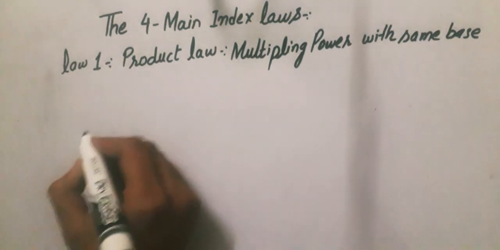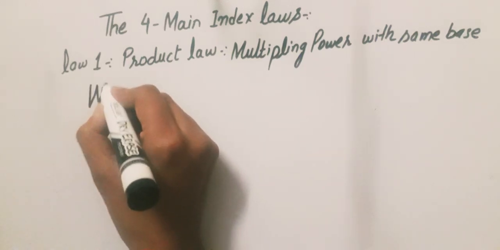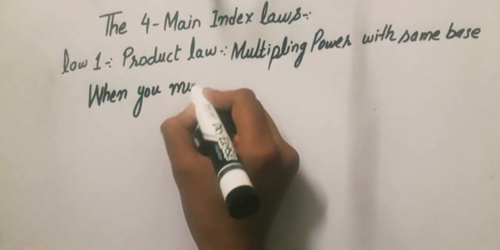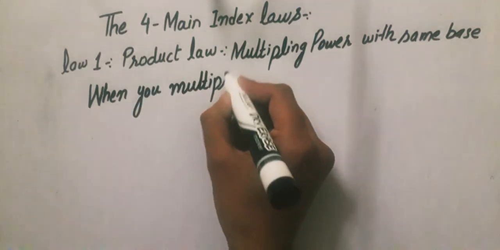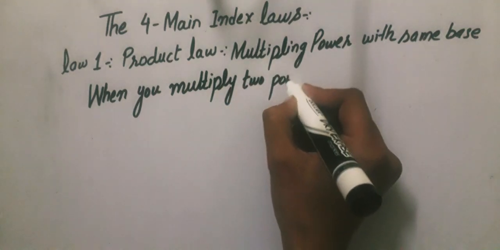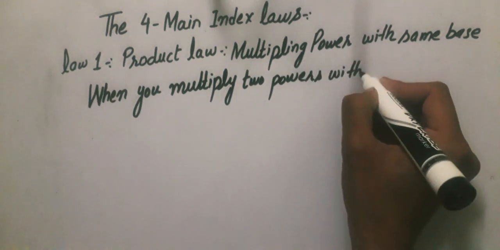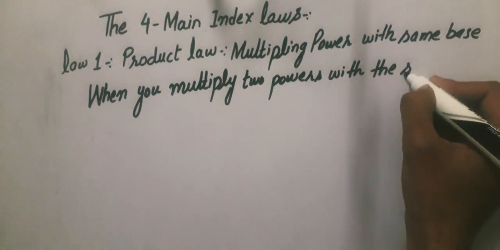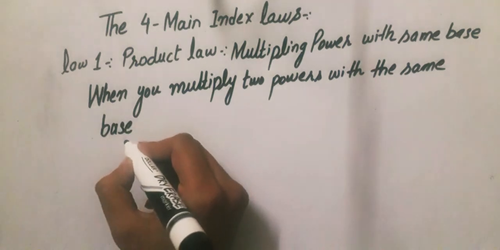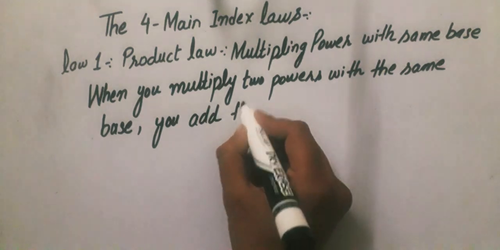So we will write the statement of this law, that is, when you multiply two powers with the same base, you add the exponents.